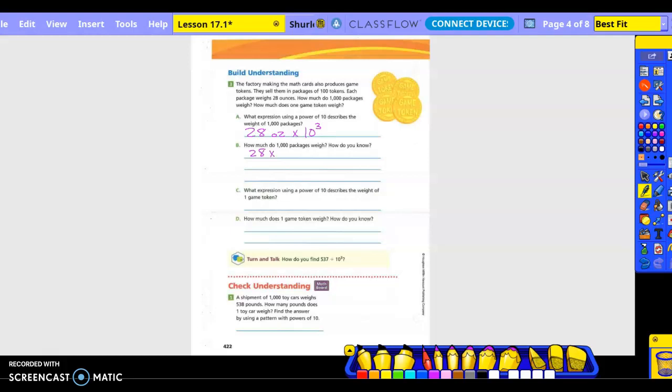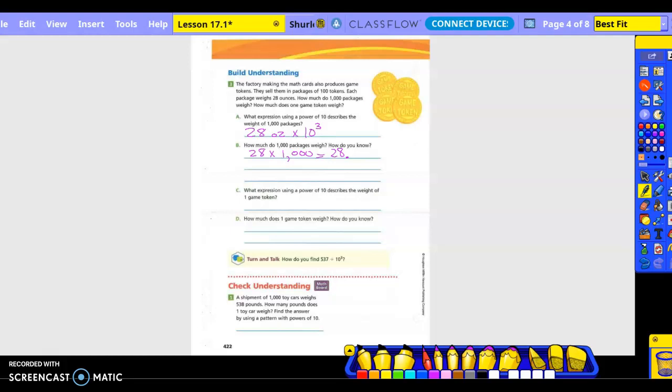28 times 1,000. And then if I do that, I have 28, and then my decimal would be here. Do I move my decimal to the left or to the right? To the right, correct? Okay, because we're multiplying by a whole number. If we were multiplying by a decimal or a unit fraction, we would go to the left.